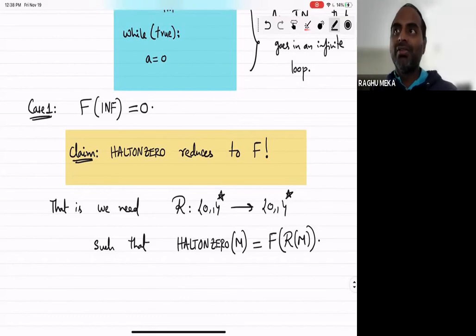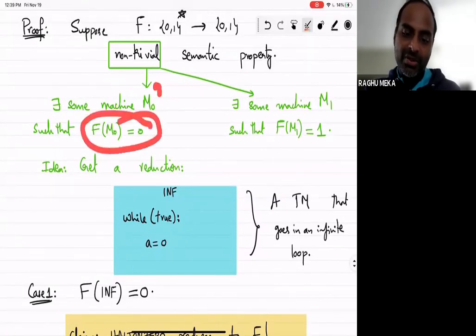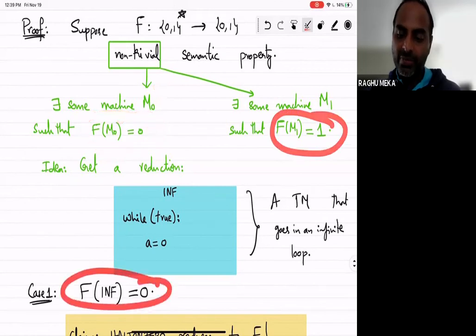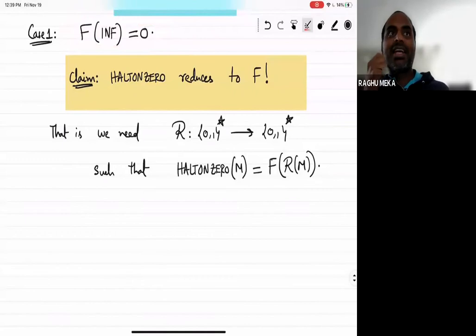How? Well, all we really need are these three things: that there is some M0 so that f of M0 is 0, there's some M1, and then this infinity program. Can you give me some suggestions on how we might come up with such a thing?